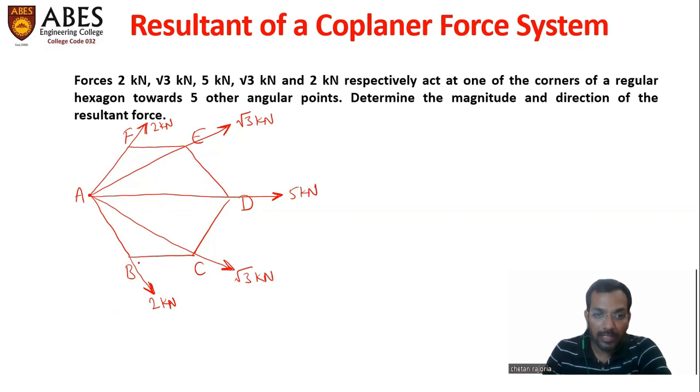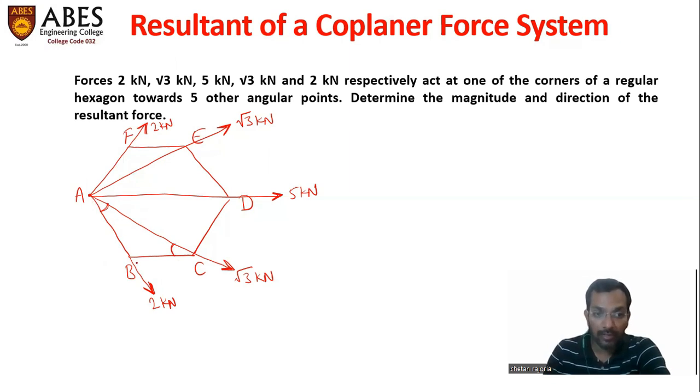Now, please consider this triangle ABC. In this triangle ABC, sides AB and BC are equal because these are two sides of a regular hexagon. Therefore, these two angles, angle CAB and angle ACB, should also be the same.